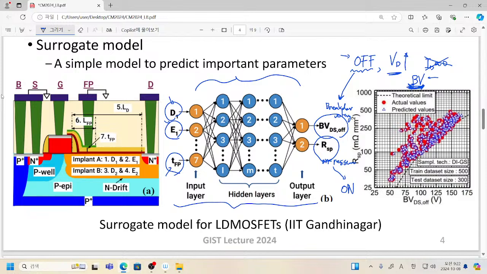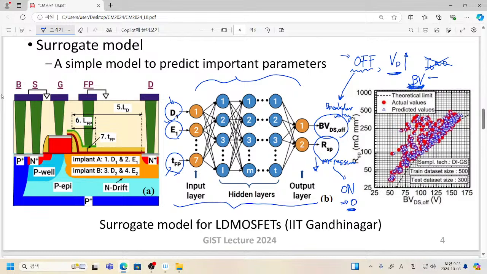When it is turned on, when gate voltage is high enough, the resistance obtained from this device operation should be minimized. If that is minimized, it means that the switch itself does not consume much power. However, if we have a very high on resistance, then the switch itself consumes a lot of voltage, so that will give us a certain overhead in the switch performance. So we want to minimize this on resistance also.